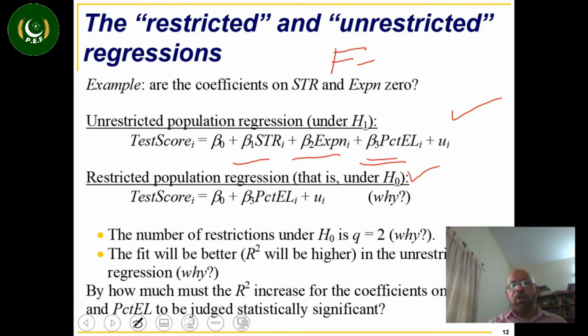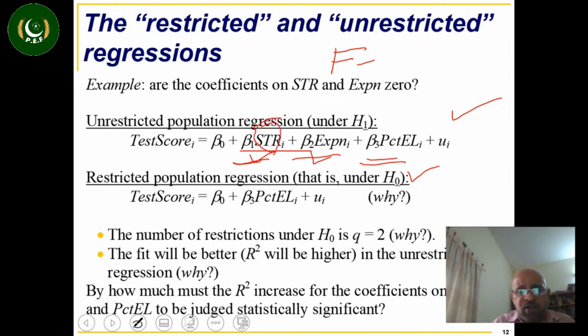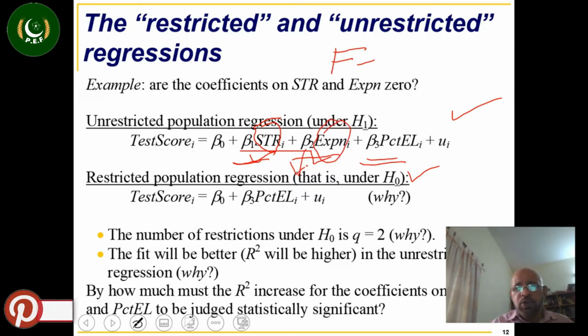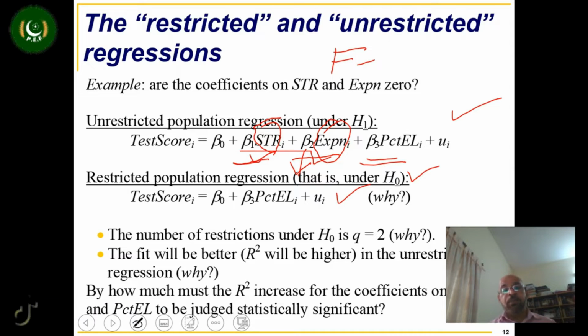At the moment we are imposing these two restrictions. Why is this restricted? Because you have set the coefficient of student teacher ratio equal to 0, and the coefficient of expenditure per student equal to 0. So you have two restrictions, and after imposing those restrictions, you have a restricted model.